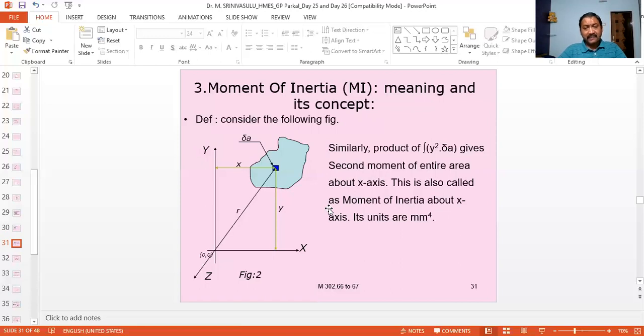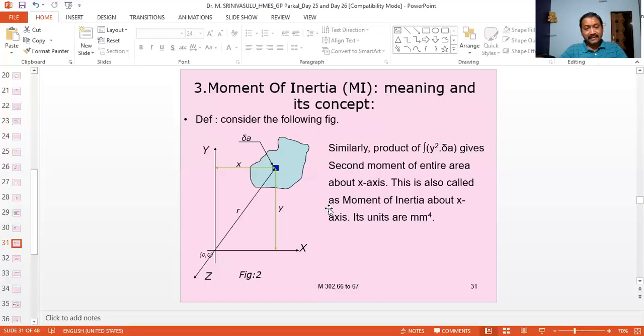Similarly, the second moment of that area about the y-axis is equal to the integration of x square into dA, because the distance between the y-axis and dA is x.